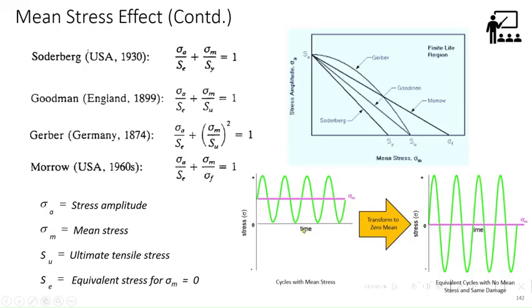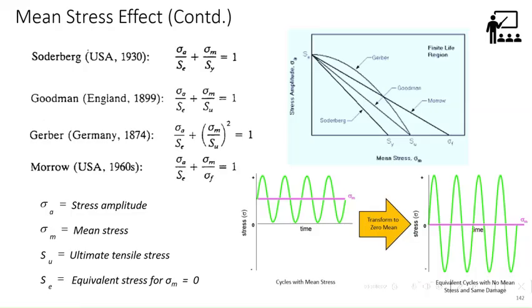Assuming you have an SN curve available for this stress ratio, refer to the stress range or S max for the given stress ratio and find out the number of cycles to failure. Now what you are trying to do, in the absence of an SN curve at the mean stress of this applied stress, is find out how much you can increase the amplitude when mean stress is 0.